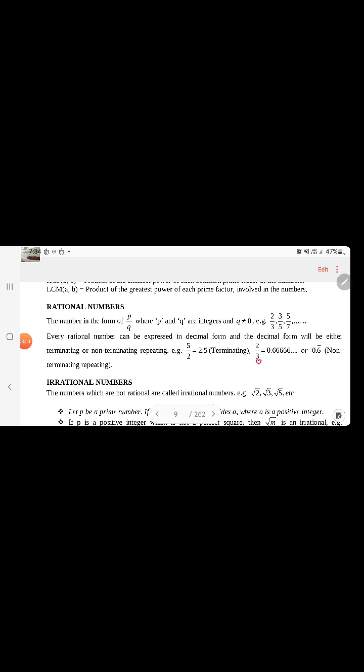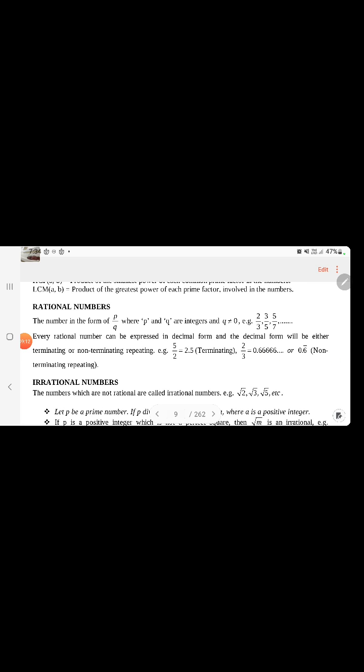And 2 by 3, when you convert it into decimal form, you can write it as 0.666. Here the 6 is repeating, so you can write it as 0.6 bar. As the 6 is repeating, not terminating, this is called a non-terminating repeating decimal form.